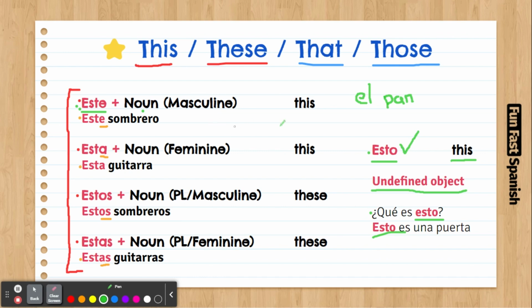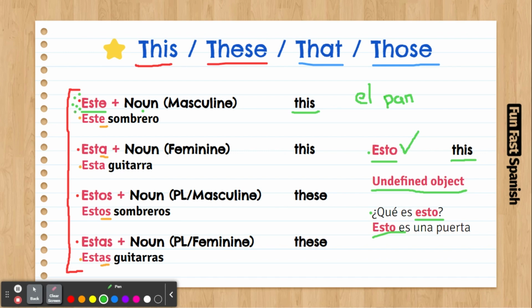If I want to carry on saying I want this one and this one and this one, I can, if I know they are all breads. I can say yo quiero este y este y este y este, because I know they're all breads.